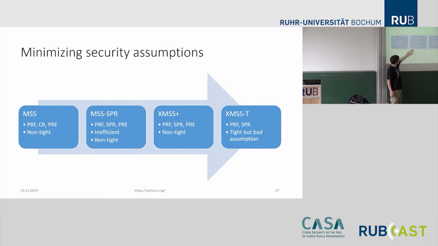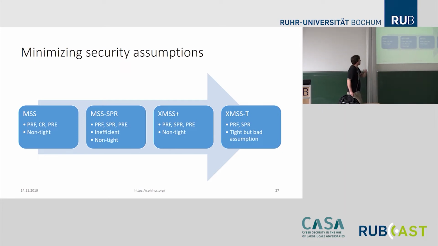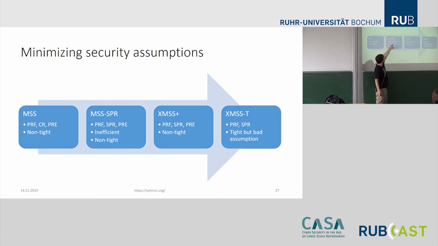In 2008, I think, Erik Dahmen, who was my predecessor in Darmstadt working on this topic, with some colleagues came up with a scheme which would only require a pseudo-random function family, and then not a collision-resistant, but a second-preimage resistant hash function, which is also preimage resistant. This is interesting because if you want a collision-resistant hash function, then you need 2 times the security level as output length of your hash function.